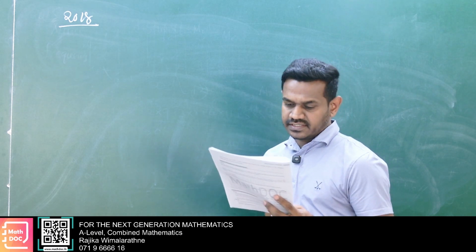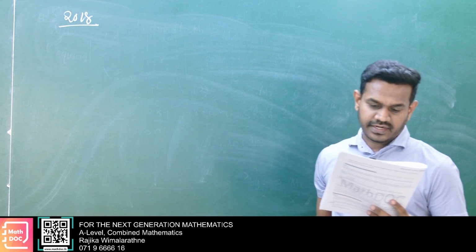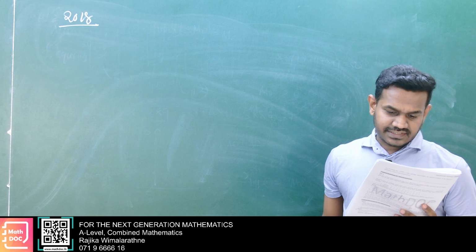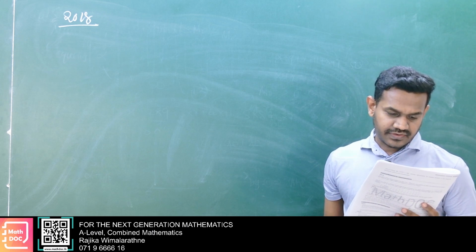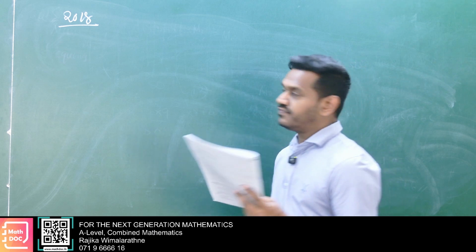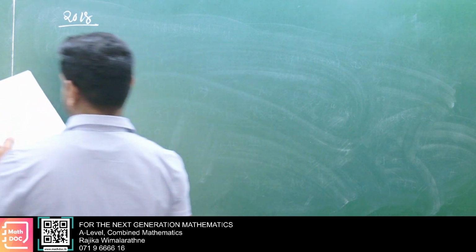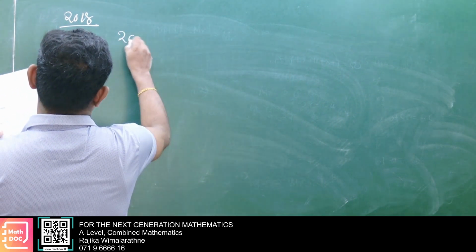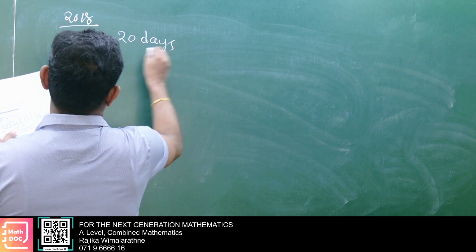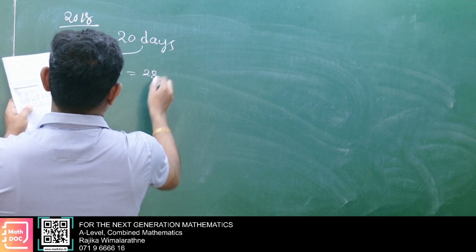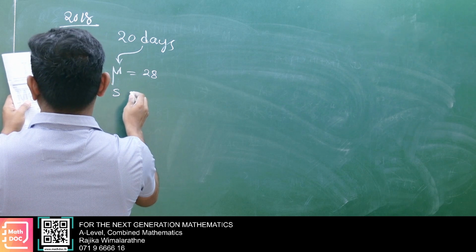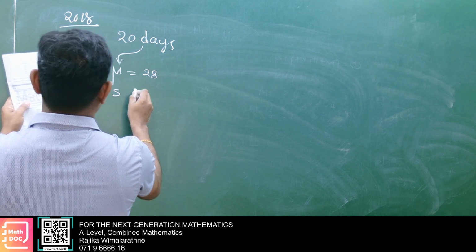Temperature in a certain city was recorded daily for 20 days. For this data set, the mean mu and standard deviation were calculated as 28 and 4. Mean 28, standard deviation 4.